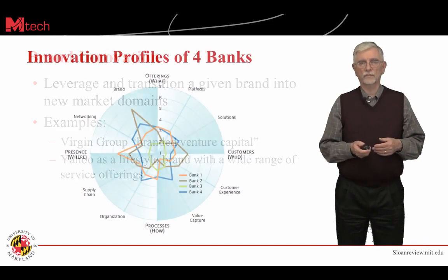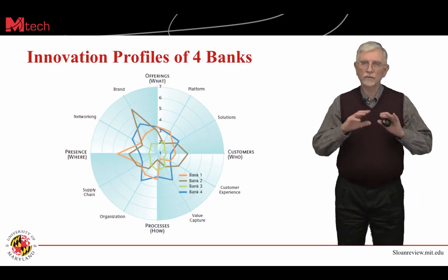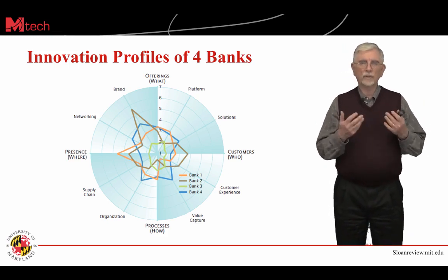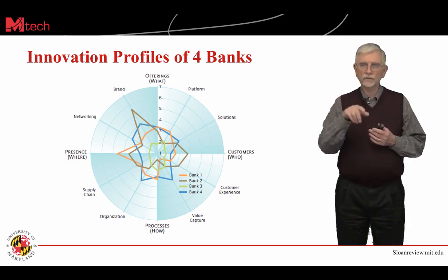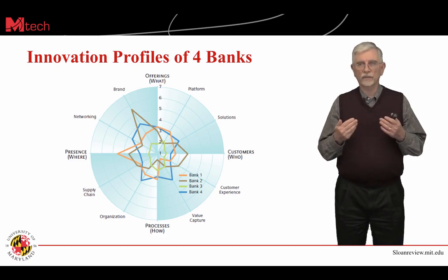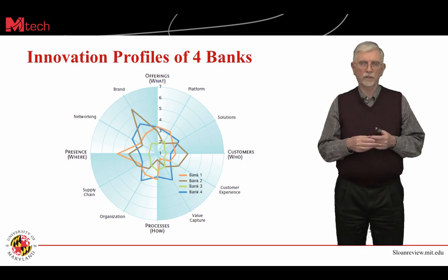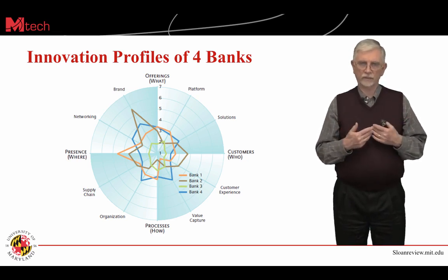So now, in this diagram, you recall the radar plot that we had in the beginning, and you see on the outside of this radar plot each of the 12 different ways to innovate in a firm. And so the authors in their research looked at 4 different banks and compared them.